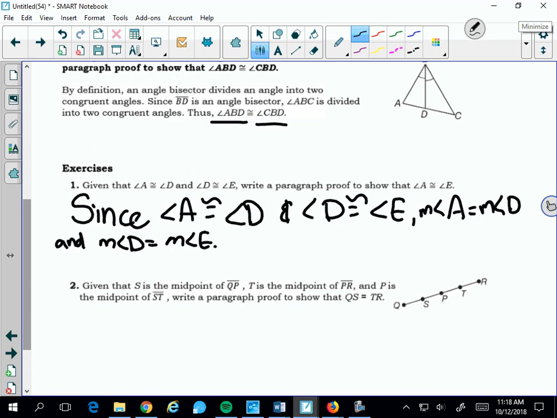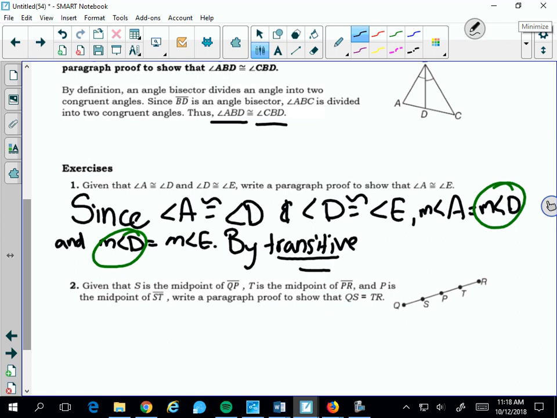Okay? The next part, we have talked about it a little bit. If I have two things that are equal to the same thing, I can say that those two things are equal. So I'm going to say that was the transitive property. We talked about it very briefly.